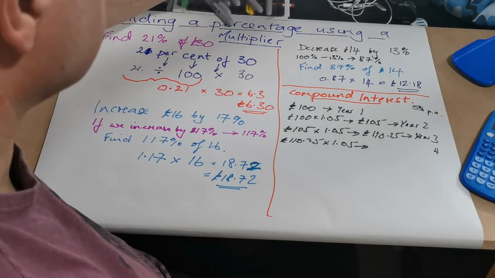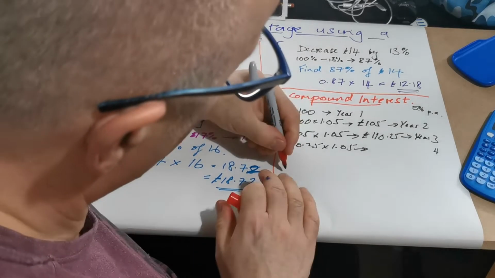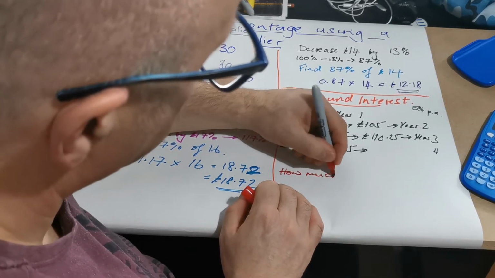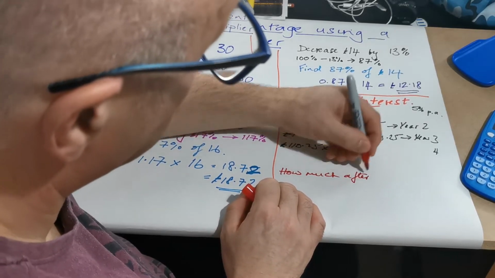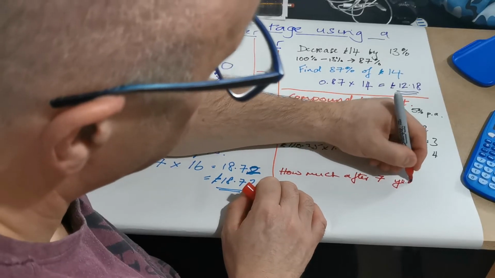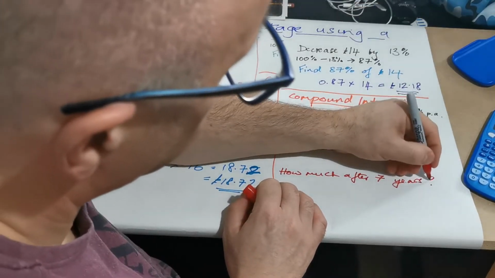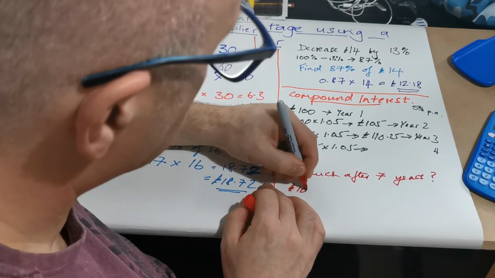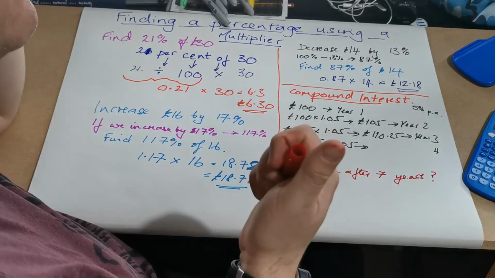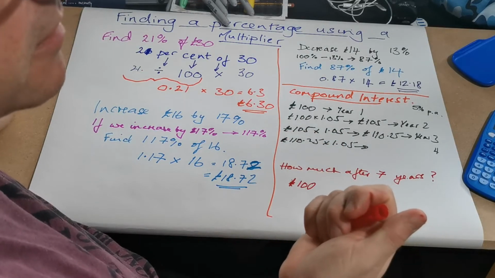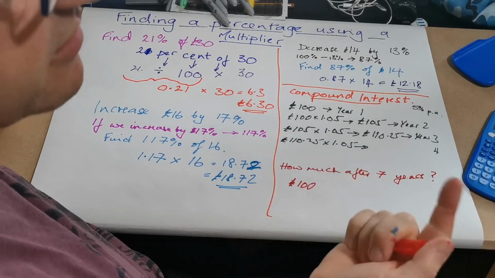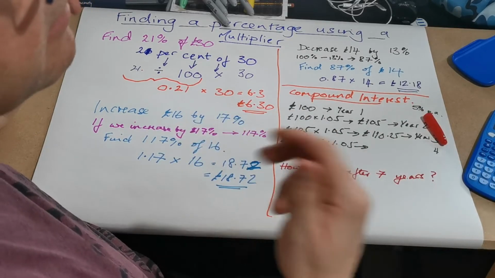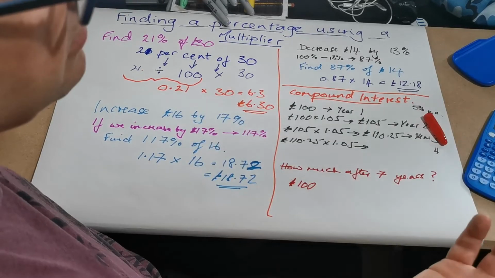But one thing that you might get asked is how much after 7 years. So you would start off with £100, and I'm going to times it by 1.05 for the first year, and then 1.05 for the second year, and then I'm going to times by 1.05 again for the third year, and so on.